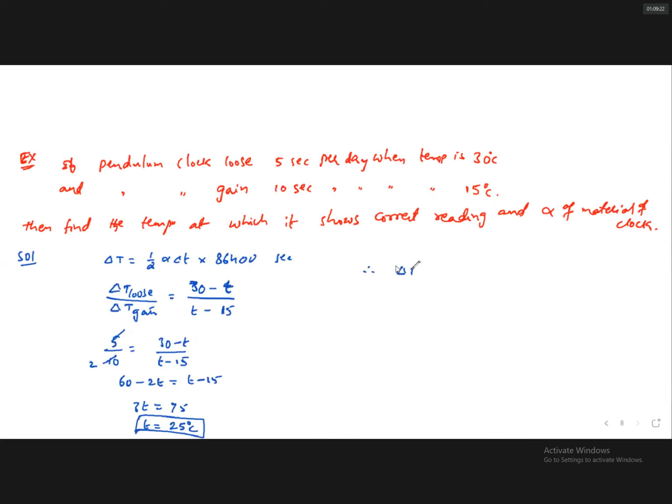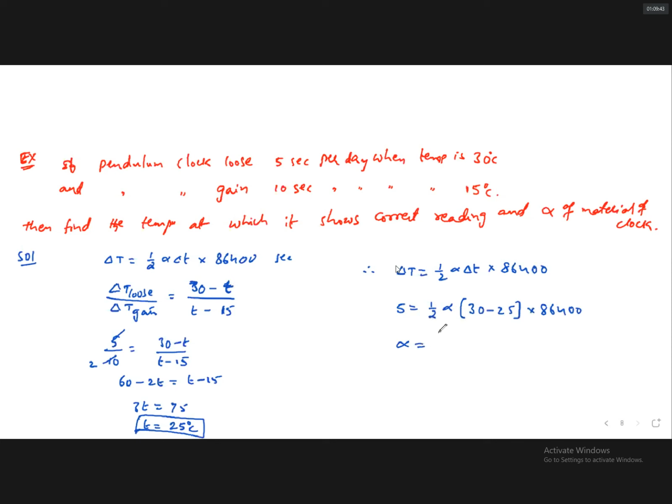And alpha of that material can be calculated by using half alpha delta T into 86,400 seconds. It loses 5 seconds when the temperature changes from 25 to 30, that is 30 minus 25, into 86,400.